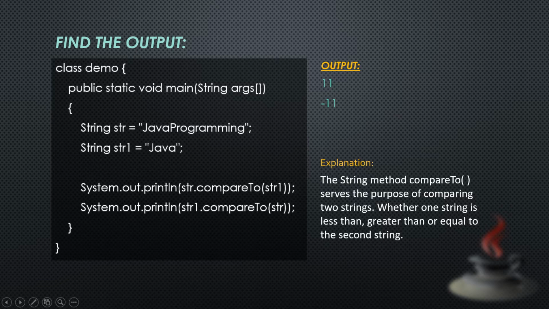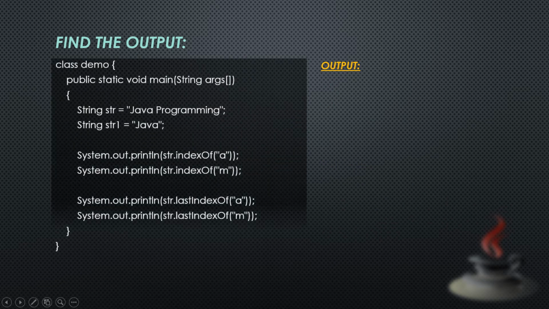Let's go to the next one. Here, in the main method, string str is equal to "Java programming", and str1 is "Java". Here System.out.println of str.indexOf('a'). The indexOf method returns the first occurrence of a character in the provided string.